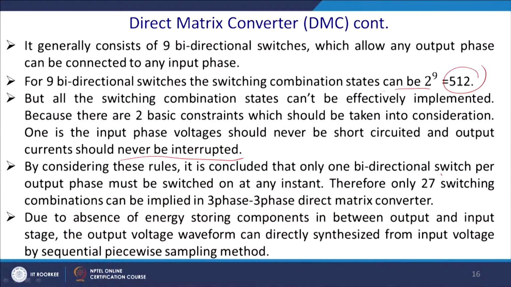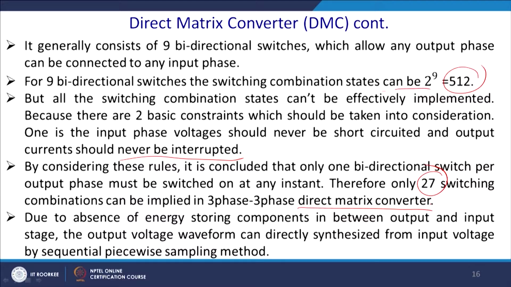Considering the rule, it follows that only one bidirectional switch per output must be switched at an instant, and thereby from 512 it reduces to only 27 switching states that can be implemented in a 3 phase to 3 phase direct matrix converter.